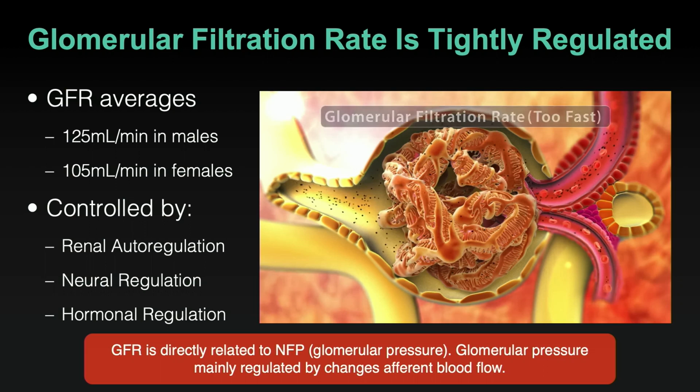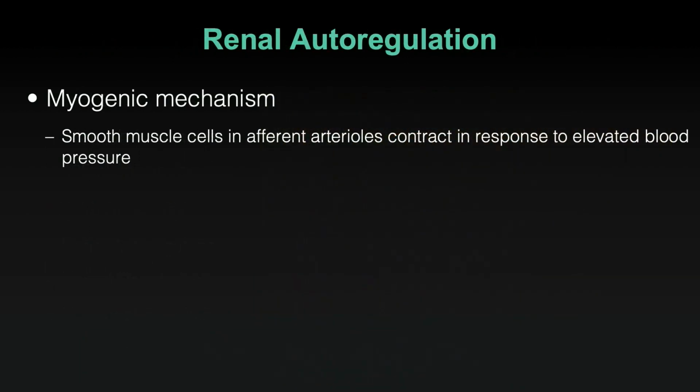How do we regulate afferent blood flow? This is the process that is controlled by renal autoregulation. And there's two branches of that autoregulation. And autoregulation simply means automatic, instantaneous automatic regulation. It responds moment by moment to varying stimuli.